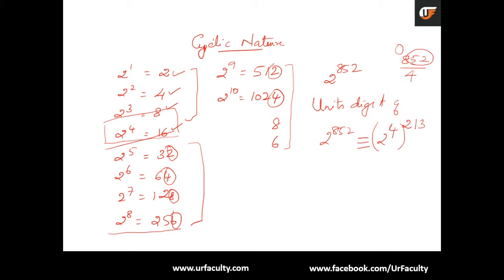So it is equal to 2 power 4, and for 2 power 4 we know that the units digit is 6. Isn't it easy? You don't have to worry about how to calculate the actual value of 2 to the power of 852. You just need to know where this value stands in this cyclic portion.